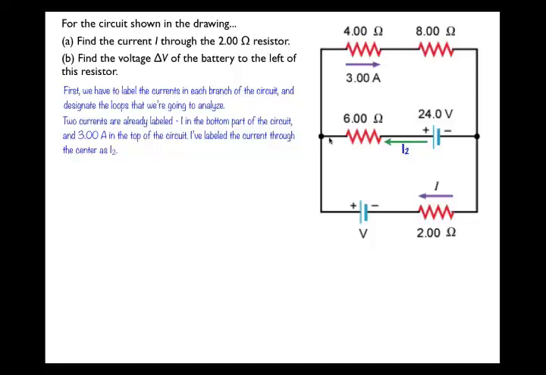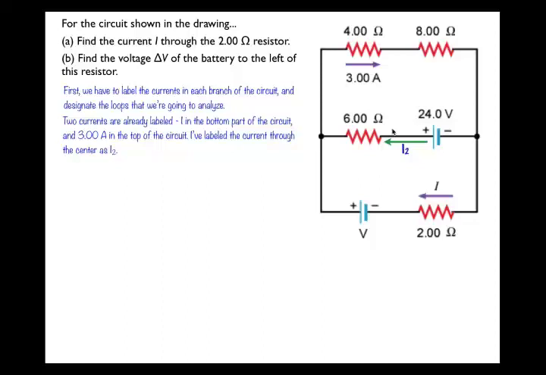A comment here, I don't have to know what direction I2 is flowing in. I'm going to guess that it's going to go this way because of the orientation of this 24-volt battery. But it may turn out that I guessed wrong. And if I end up in my analysis finding out that I2 is negative, all that means is that I guessed the direction of the current incorrectly when I started this problem, and it's in the opposite direction to what I diagrammed.